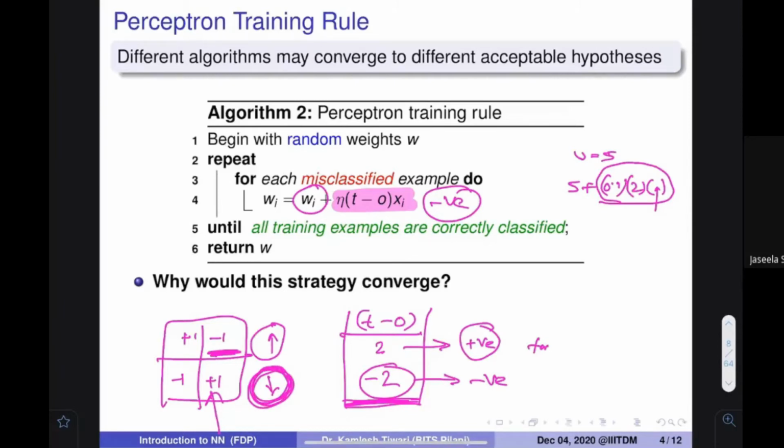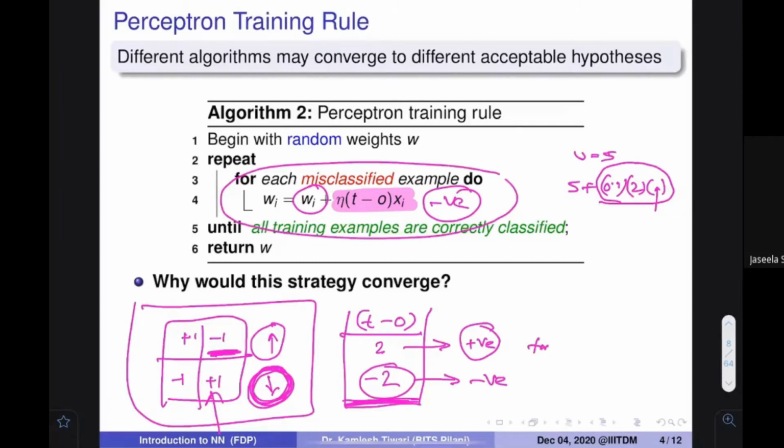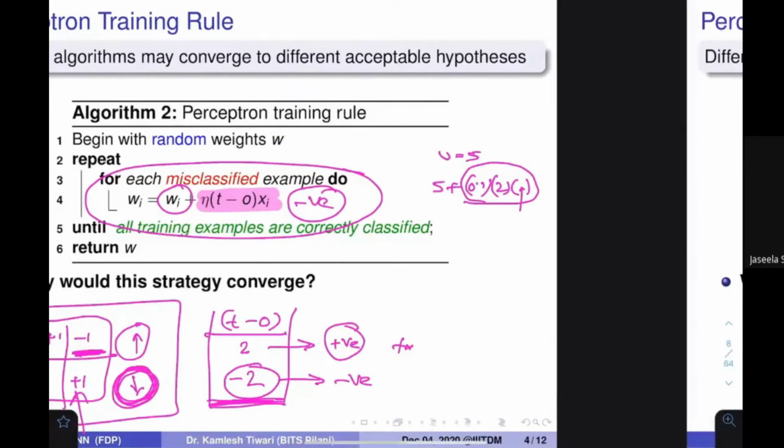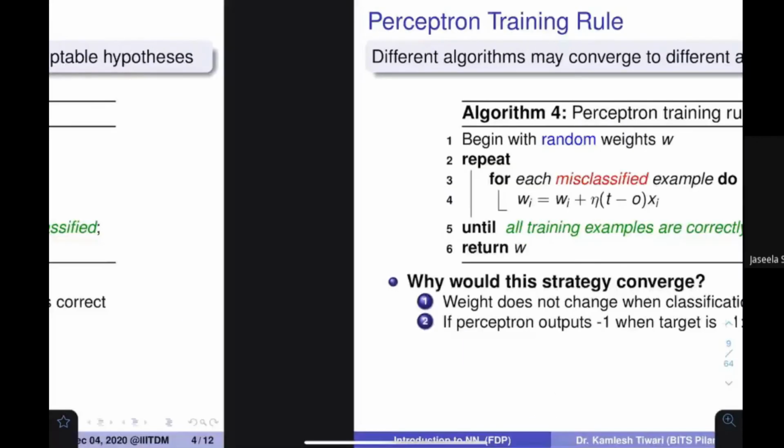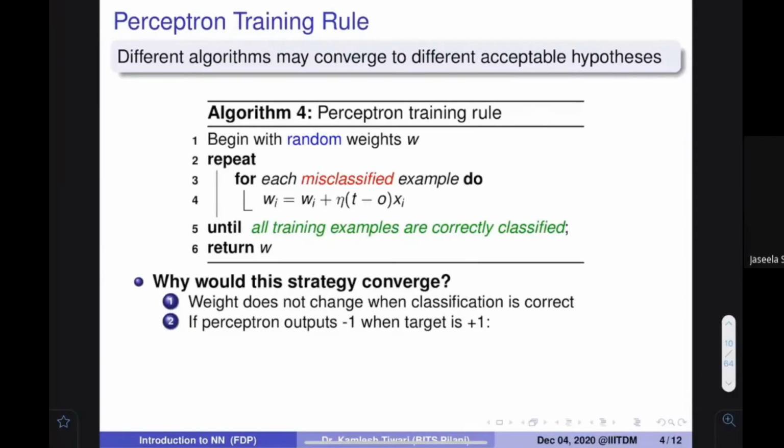So the things that you wanted to do are encapsulated in this particular equation. Whatever you wanted to do, this equation is going to do. For the cases when the perceptron was outputting -1 and the expected output was +1, your weight is going to increase.